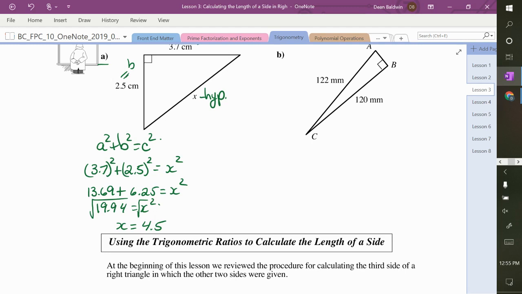I see square root, but there's like... So it'd be square root 2.